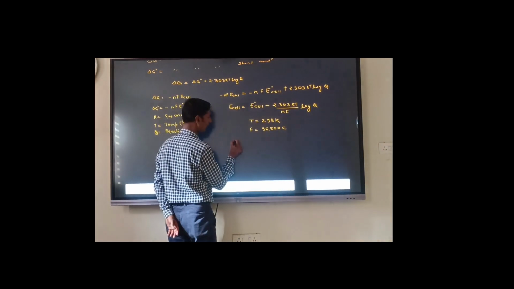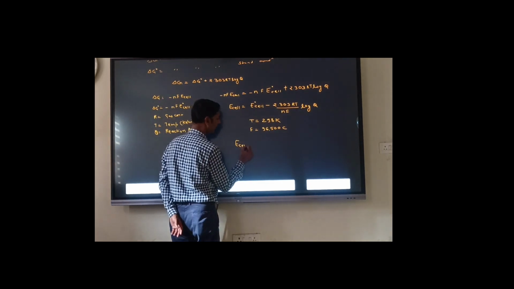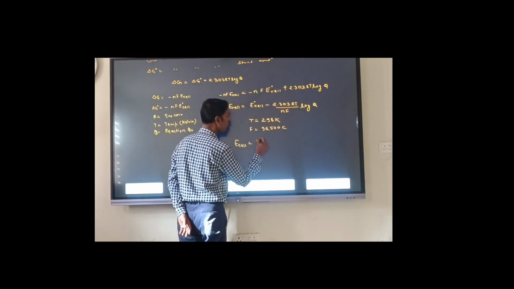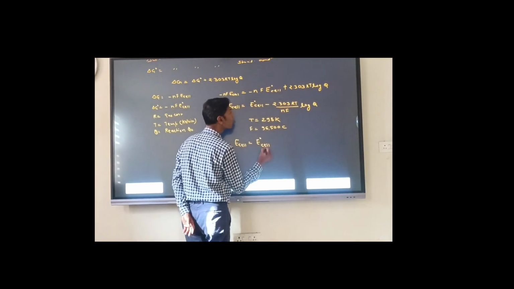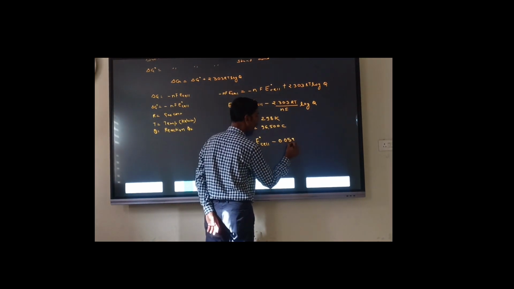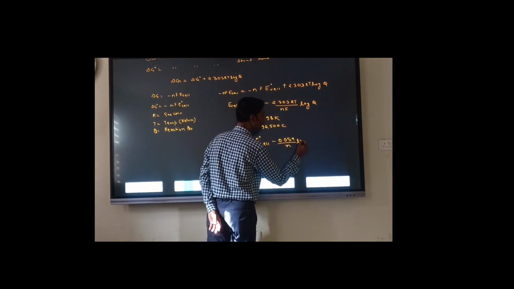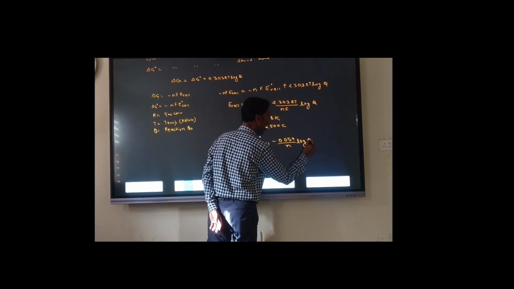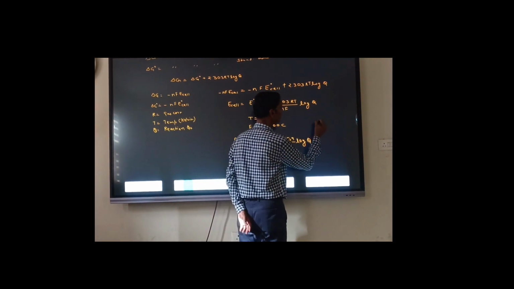If I put in these values, E cell is equal to E naught cell minus 0.059 upon n log Q. What is this 0.059, sir?